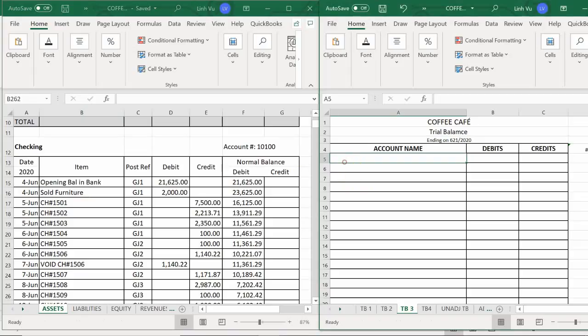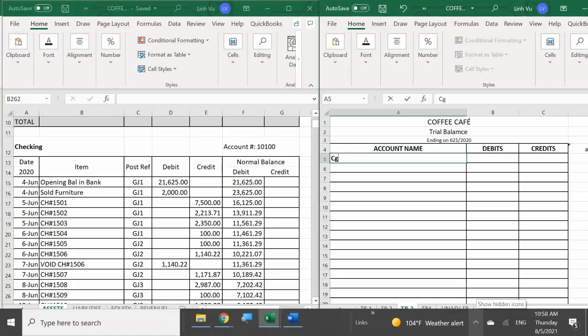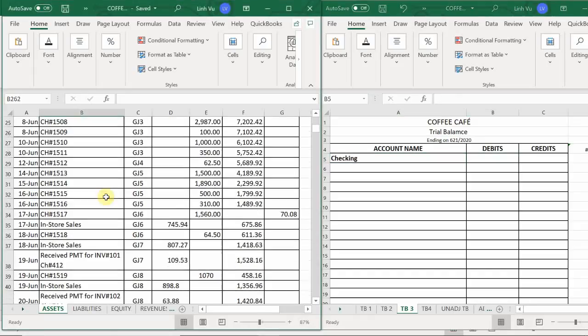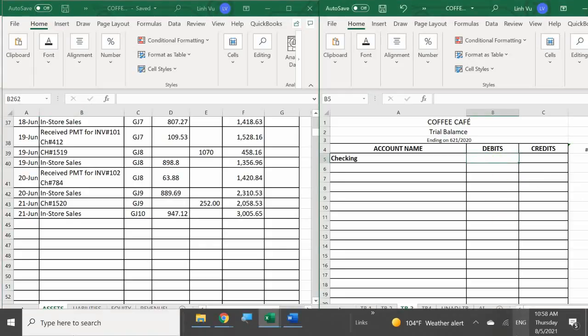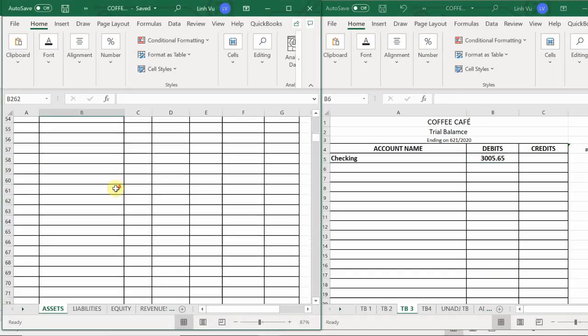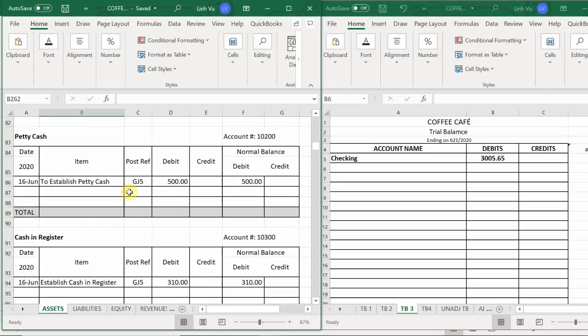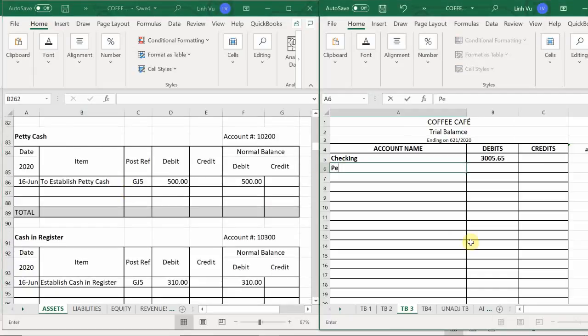We have checking, for what total? $3,565. Good. We have petty cash for $500.